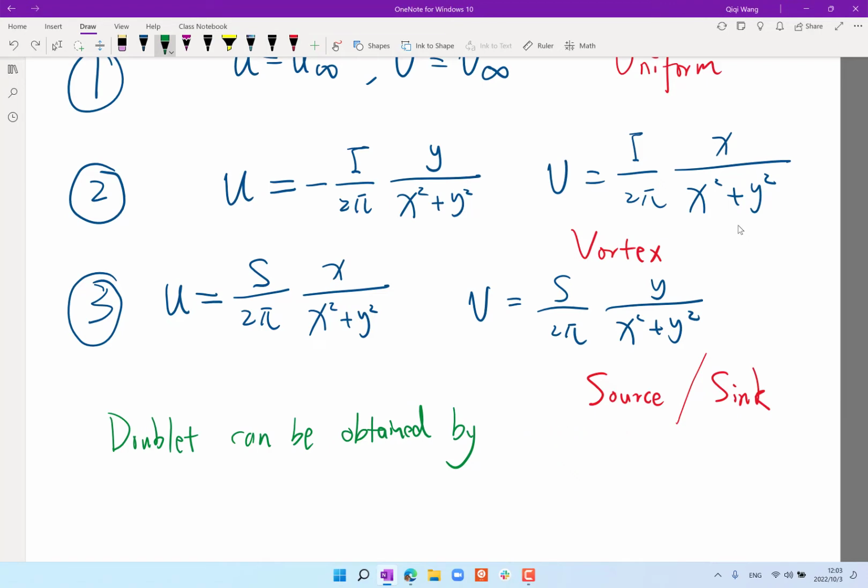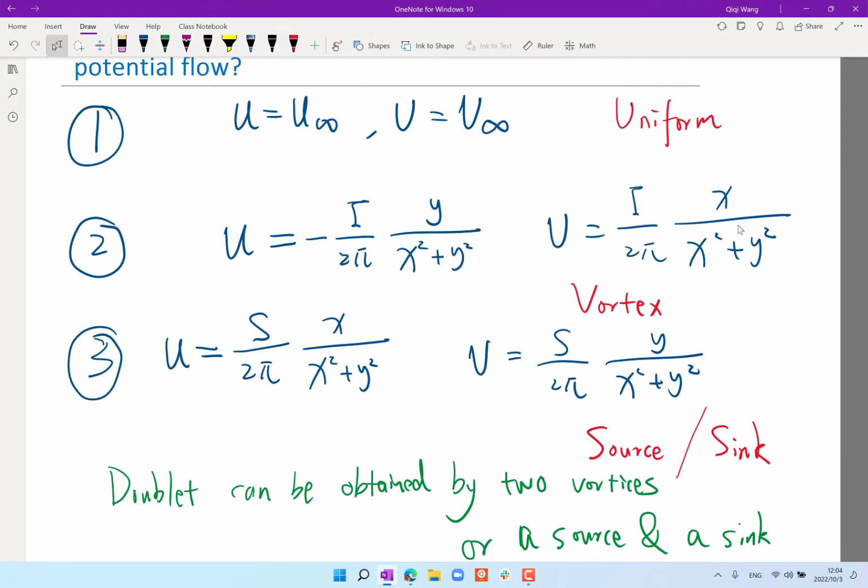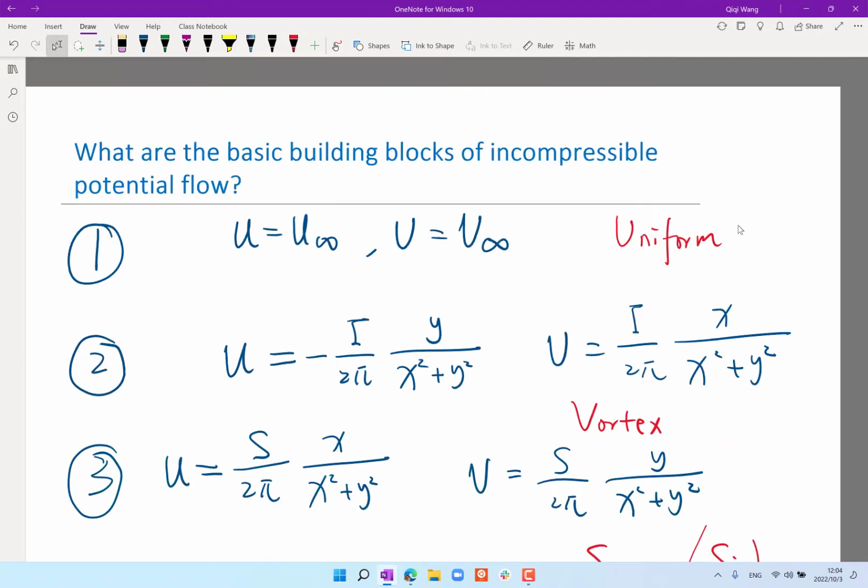Other things people also used to build can be obtained by more than two, or a source and a sink. All right, that's basically the building blocks. In this class, we're just going to be using free stream, vortex, and source sinks. We're not going to be using doublets and more advanced stuff.